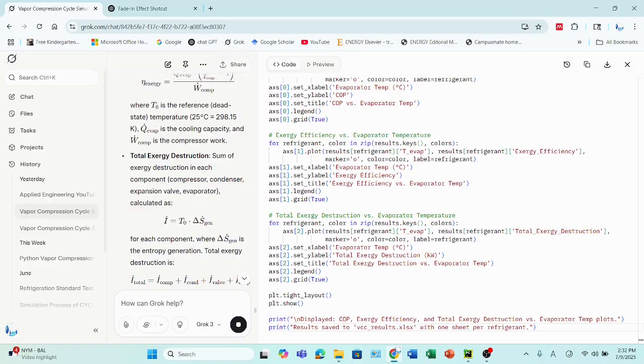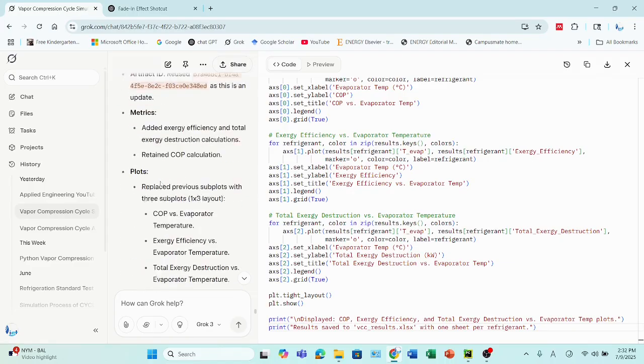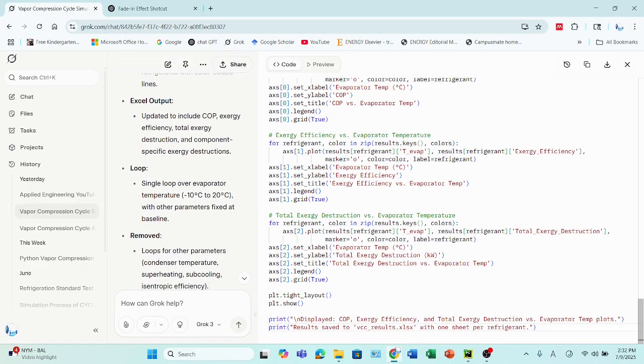Total exergy destruction is defined as the exergy destruction of all these components, summing up all these exergy destructions. So it seems correct.